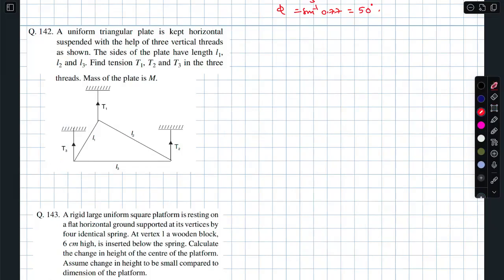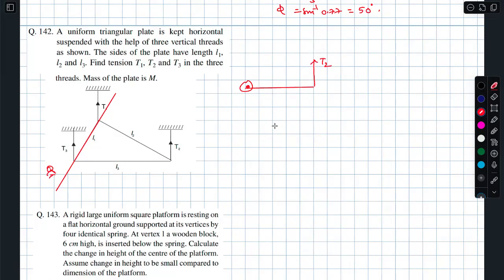I'll take the torque equation about this point. If I see from this end, this is the axis and this is T2.